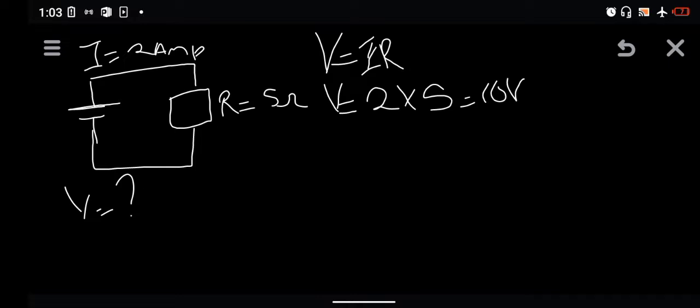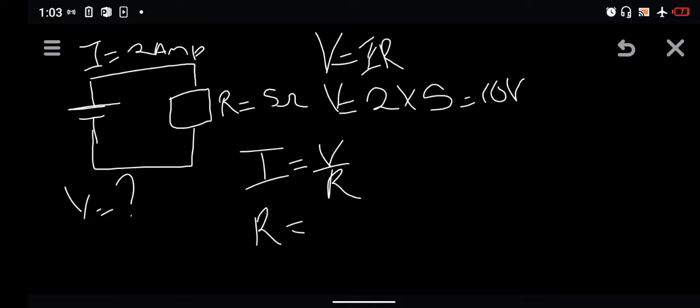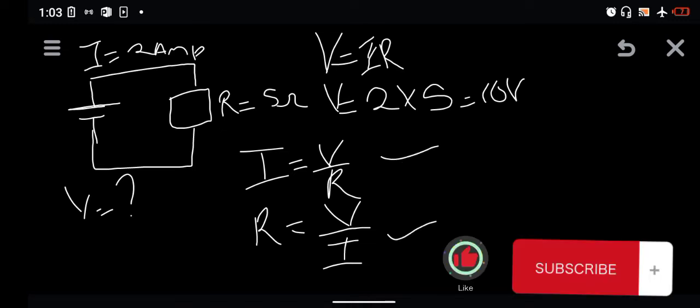So current equals voltage over R, and resistance equals voltage over I. This is Ohm's law. Whenever a question comes up on Ohm's law, you can use these formulas to solve.